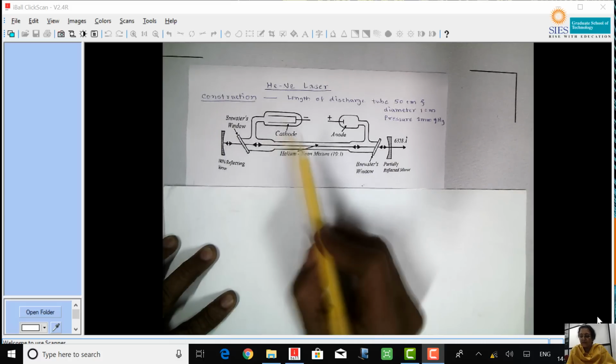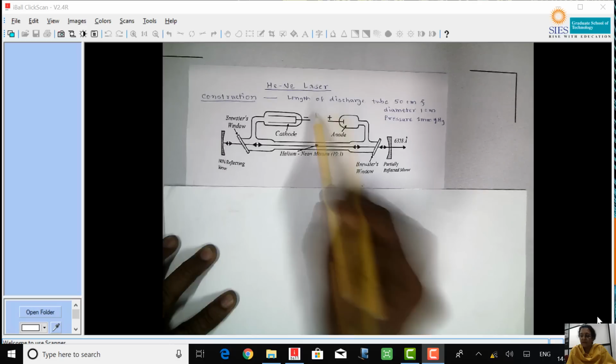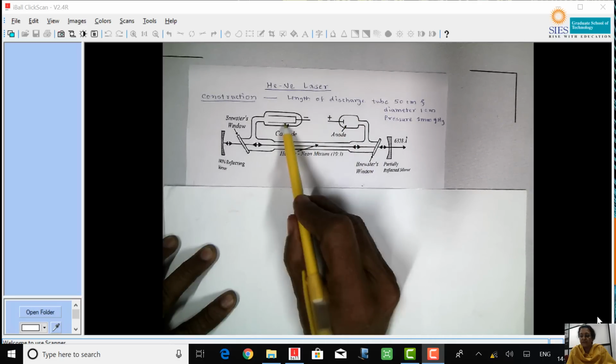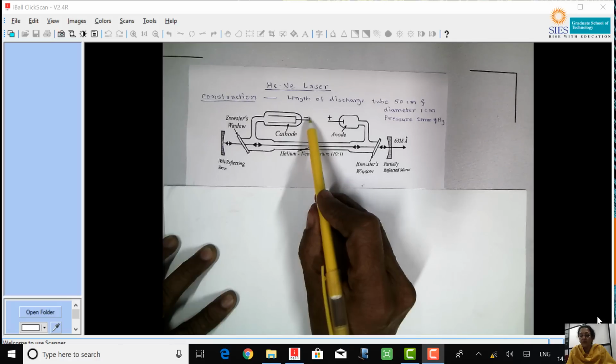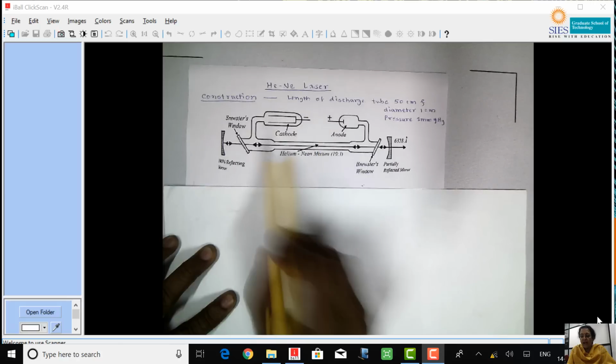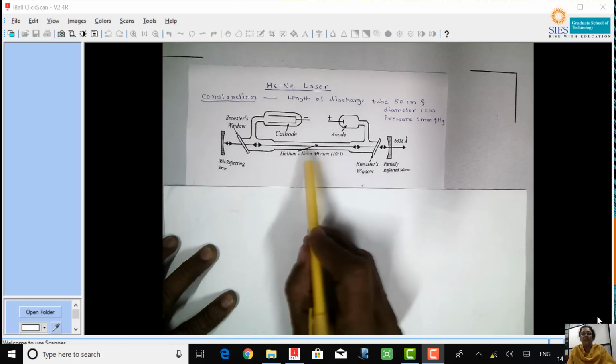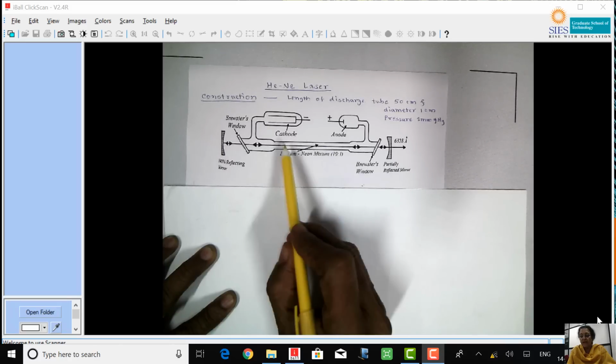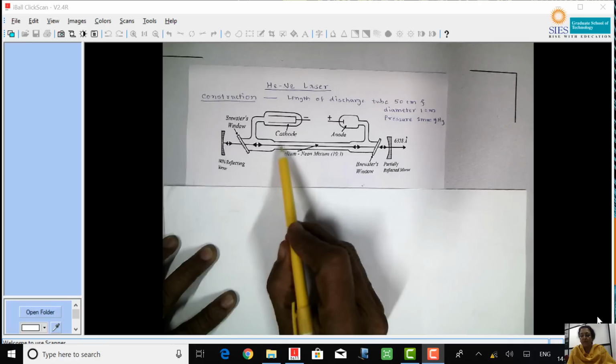So once the tube is switched on, that is, anode is connected to positive terminal and cathode is connected to negative terminal of high tension battery, and when the supply is switched on, the gas inside the tube gets ionized. That means electrons are liberated and ions will be formed.